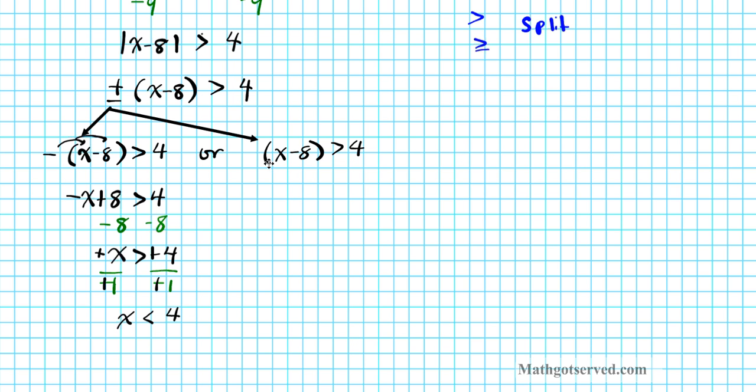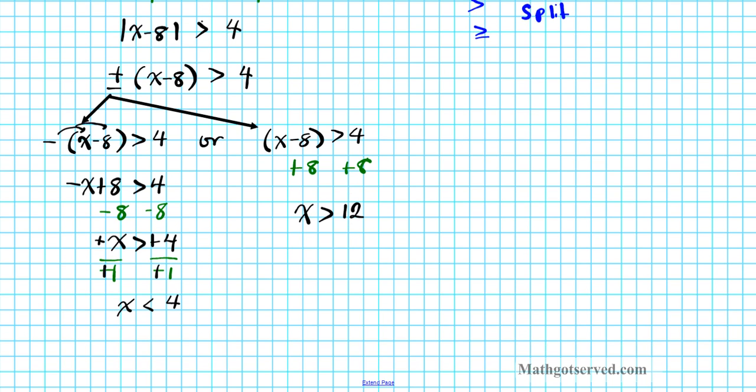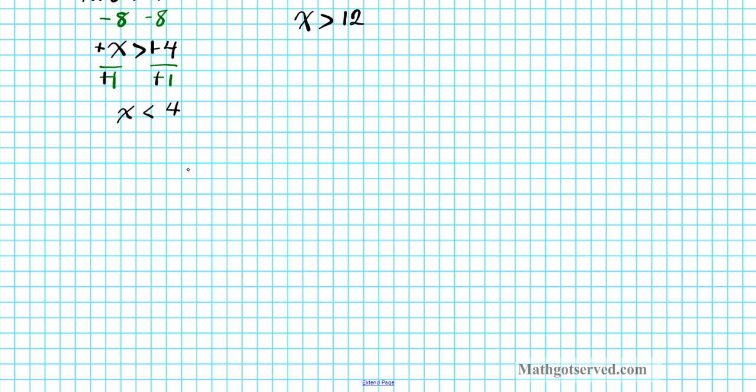Now let's shift our attention to the second inequality here. For this one, we'll just simply add 8 to both sides, and we're done. Okay, so we have x is greater than 12. So our solution, let's write it together, is x is less than 4 or x is greater than 12.